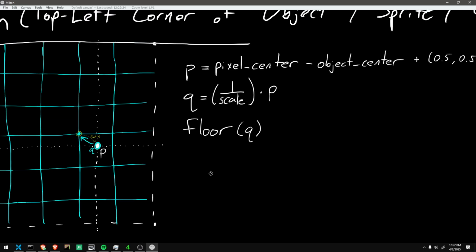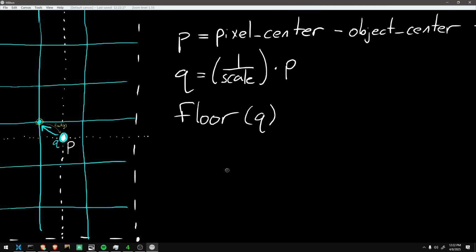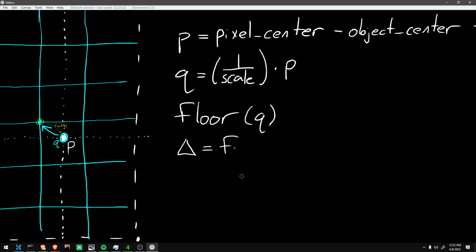So we can call this something like delta equals the fractional part. Why don't we actually give all these things names that I skipped? Let's back this up and name the intermediates.